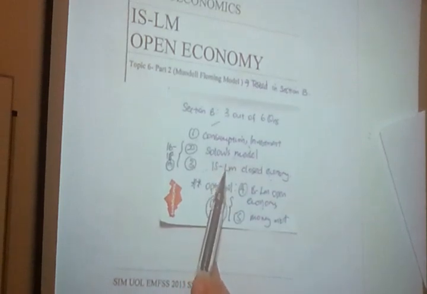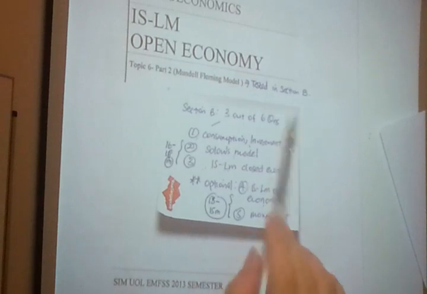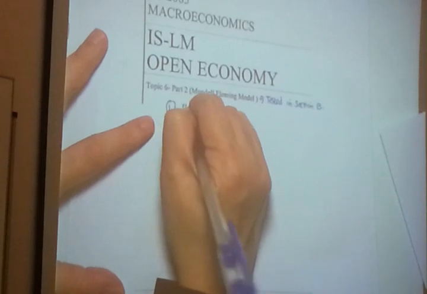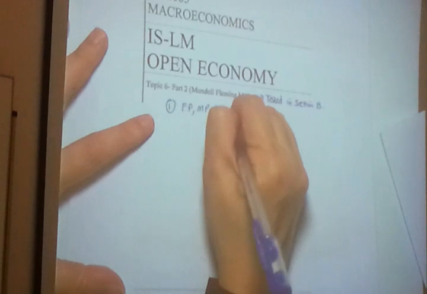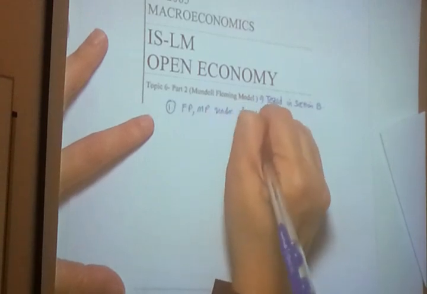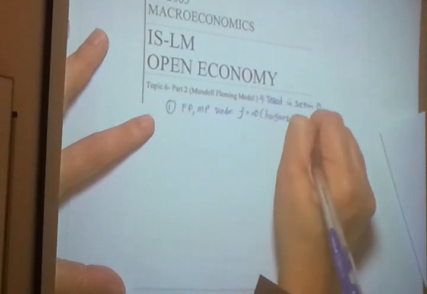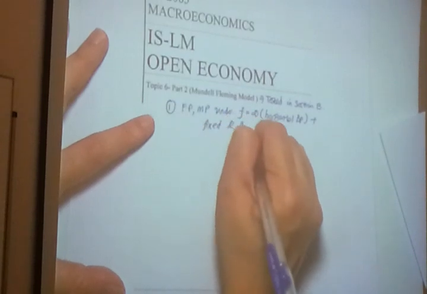So you must hear me clearly. I didn't ask you to drop this. I just asked you to play down the importance of this topic in the exam for section B. And this discussion itself has 3 areas of focus. The first area is to discuss fiscal and monetary policy, primarily under F is infinite, which means discussing horizontal BP, with fixed and flexible exchange rate.